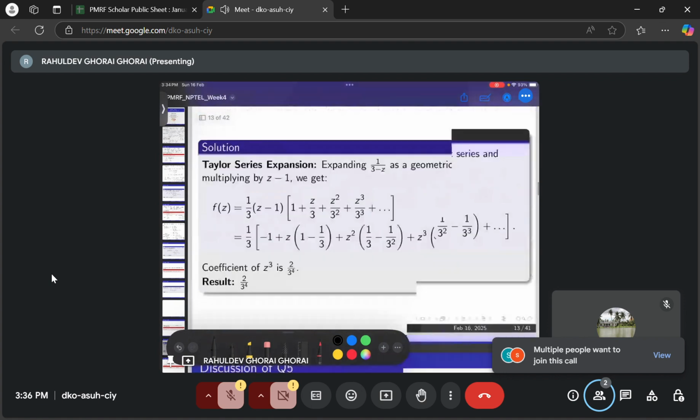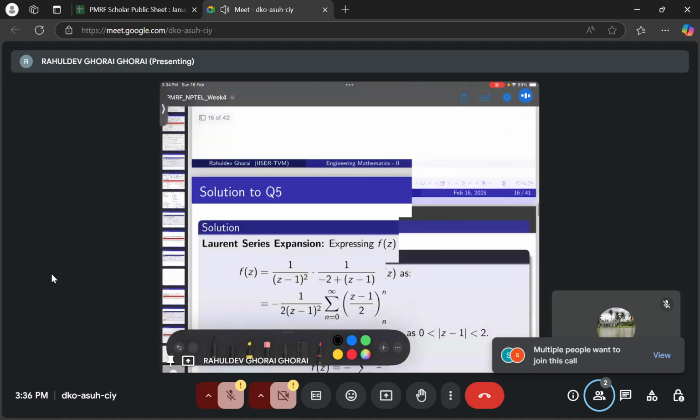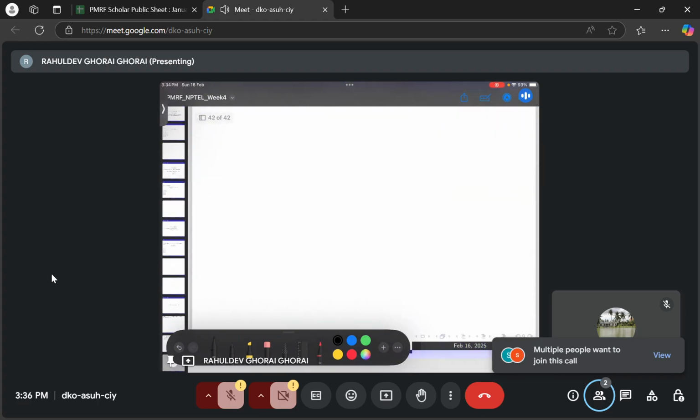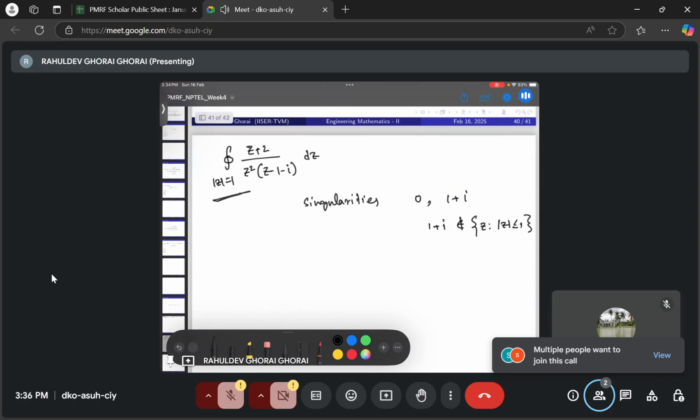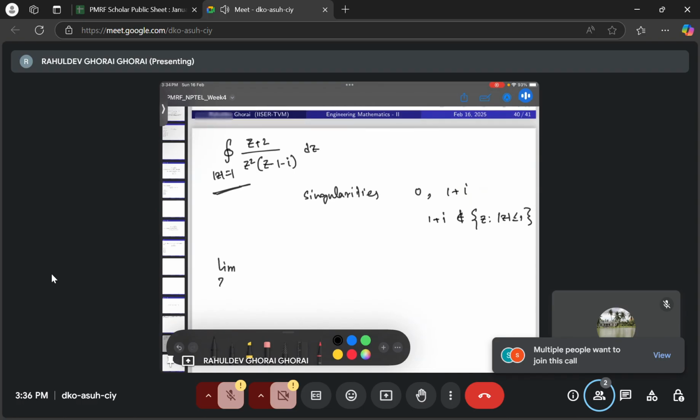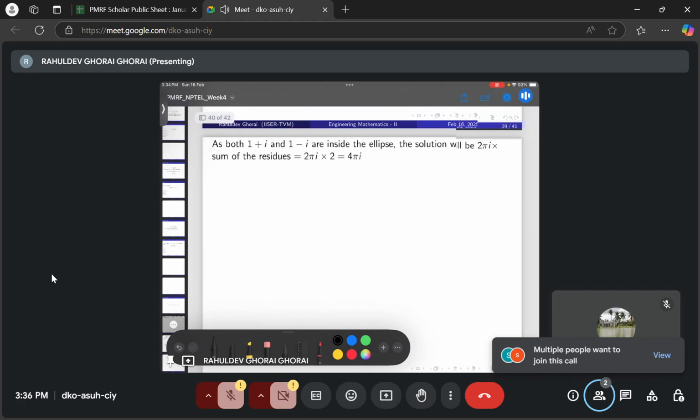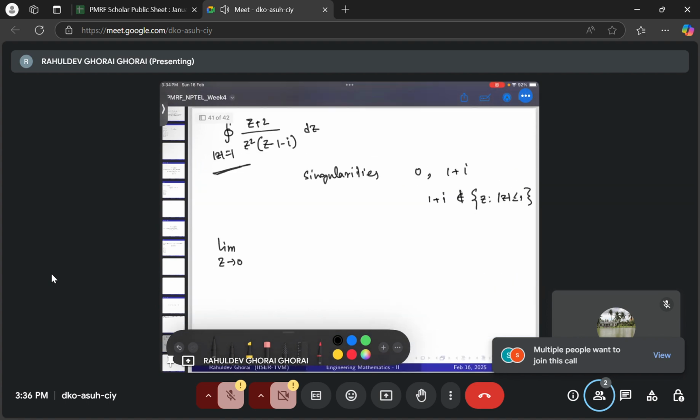So, let me find it. Yes, so 0 is the only pole now. 0 will be the pole because limit z tends to 0 of z square times (z plus 2) over z square times (z minus 1 minus i) is equal to 2 over minus 1 minus i, right?